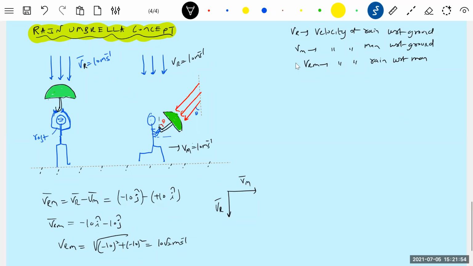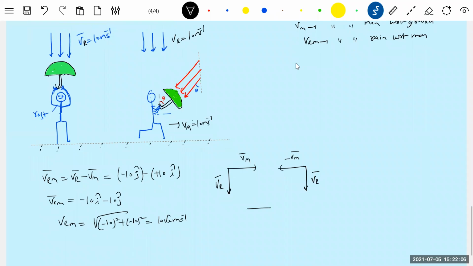So here minus Vm bar, and the resultant Vrm bar is going to come in this direction. Able to understand now? If this is theta, this will be theta.